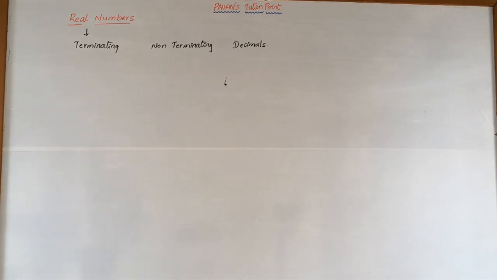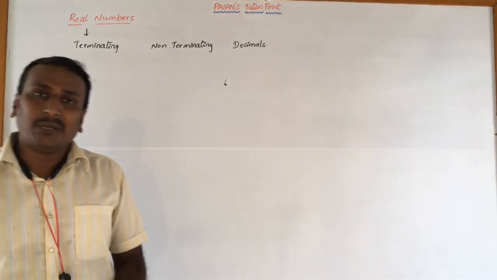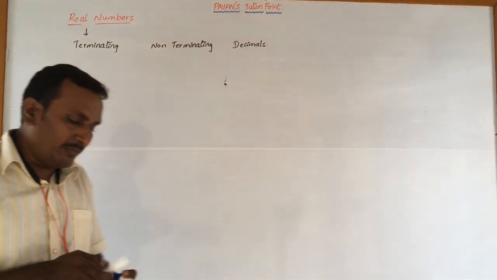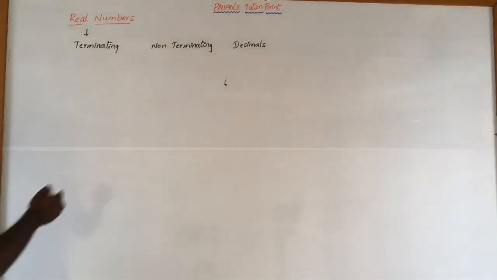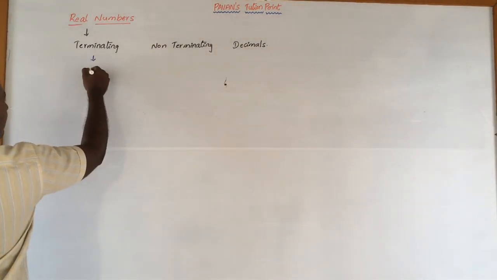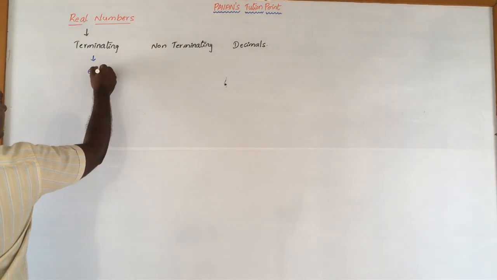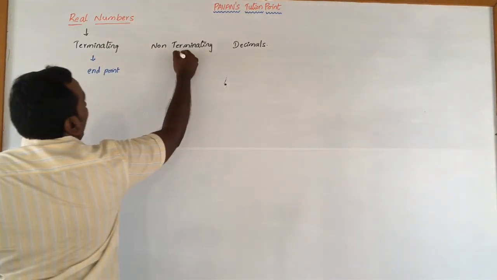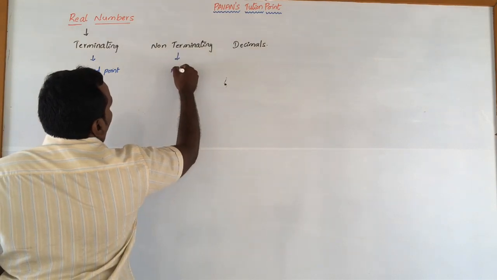So first of all, before going to this, what is meant by terminating? Terminating means it's terminated, it has an end. So terminating means having an end point. Non-terminating means endless, no end point.